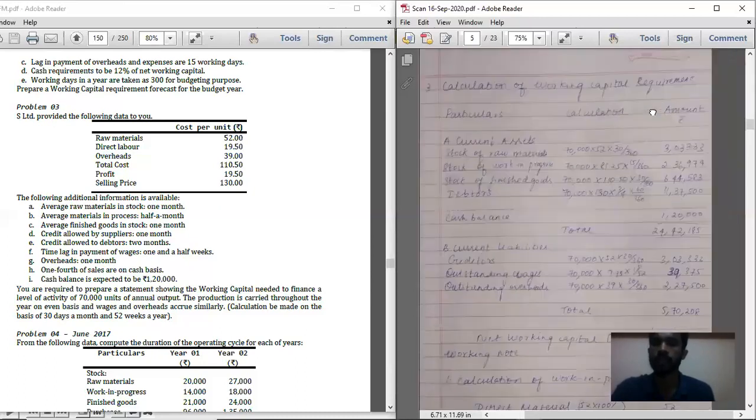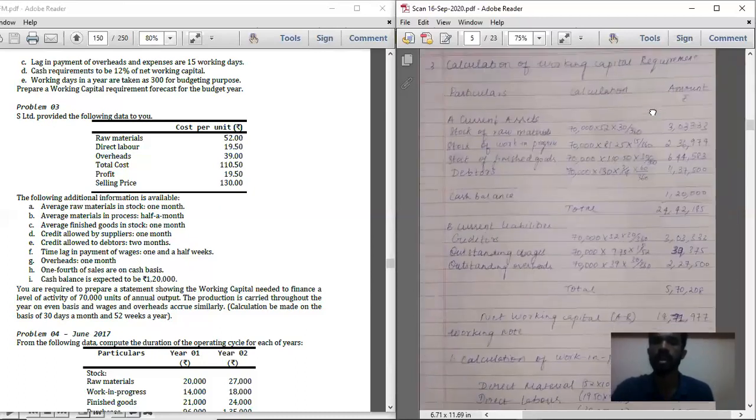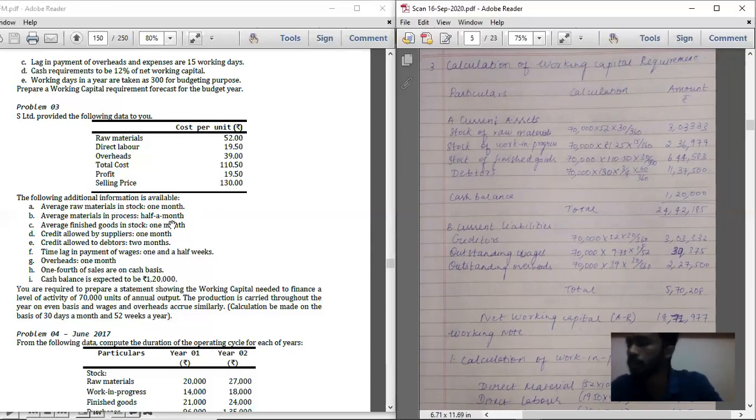So for stock of work in progress, in the calculation column put 70,000 units into 81.25 into how much is the time period they have given? Half a month, which means 15 divided by 360. 70,000 into 81.25 into 15 divided by 360. In the amount column, put 2,36,979.